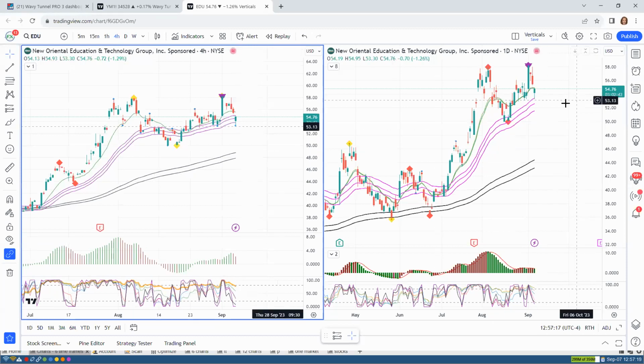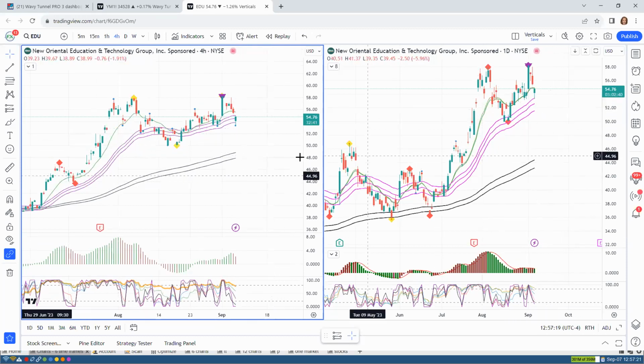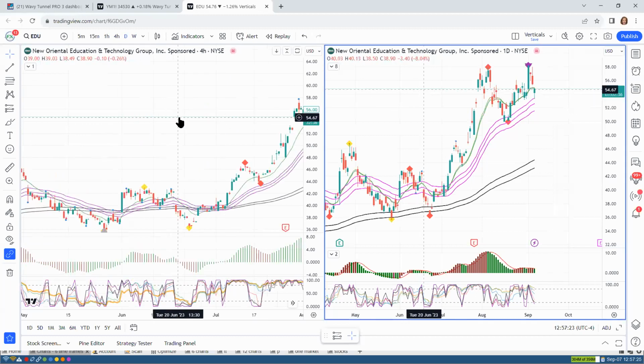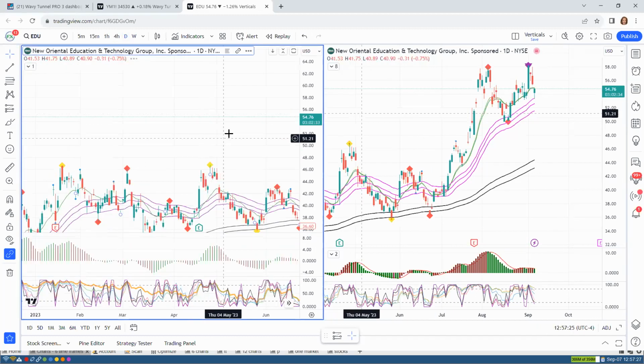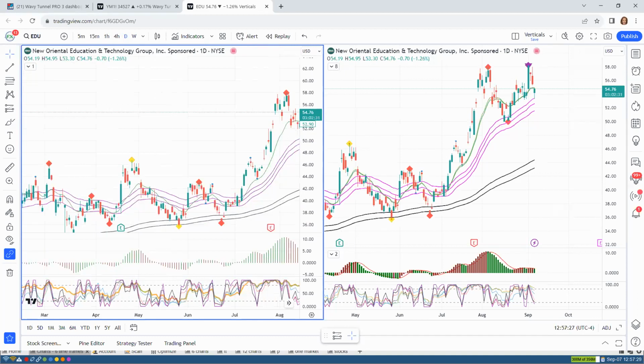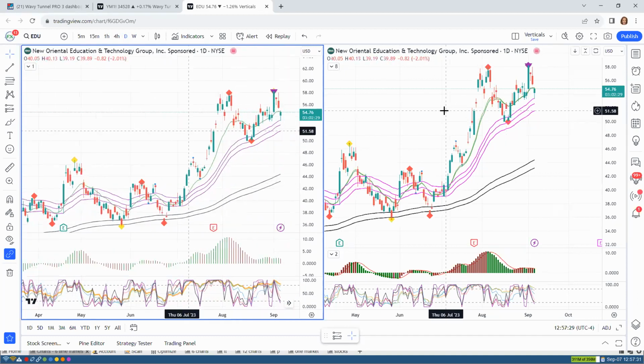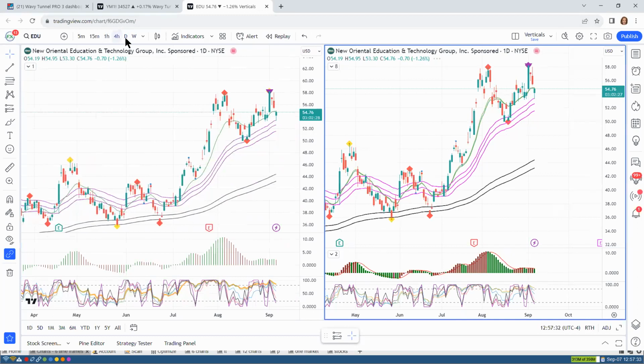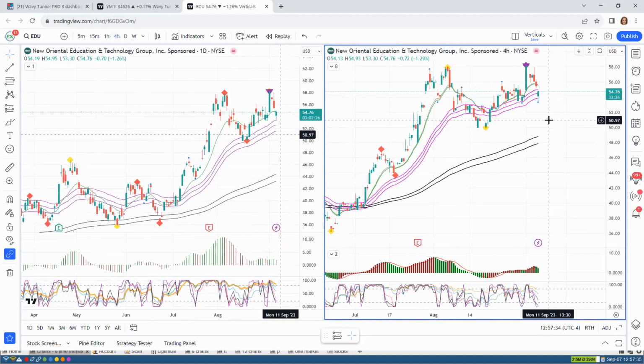Okay, this is very interesting. Look at this. All right. So we have the daily on the right and the 4-hour on the left. Let me put it the other way around. Daily, 4-hour. Right. Okay, this is very interesting.